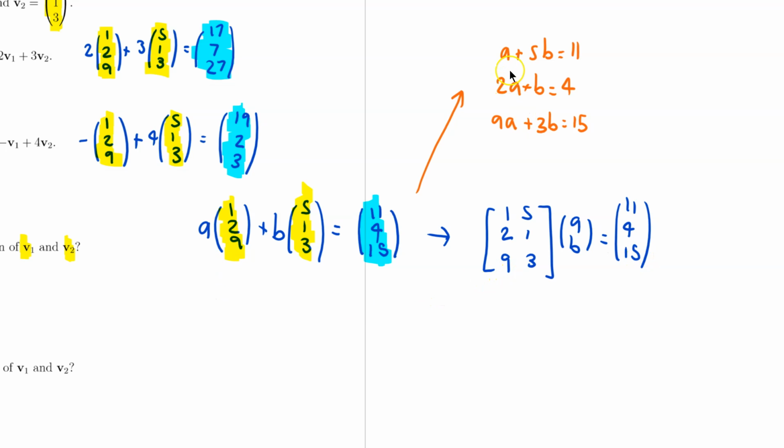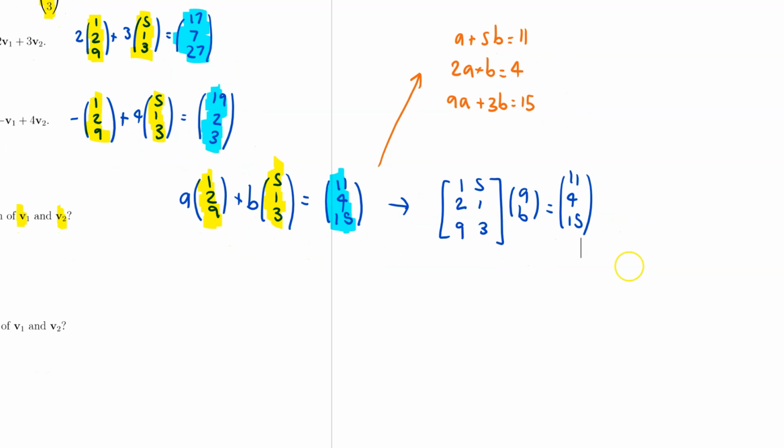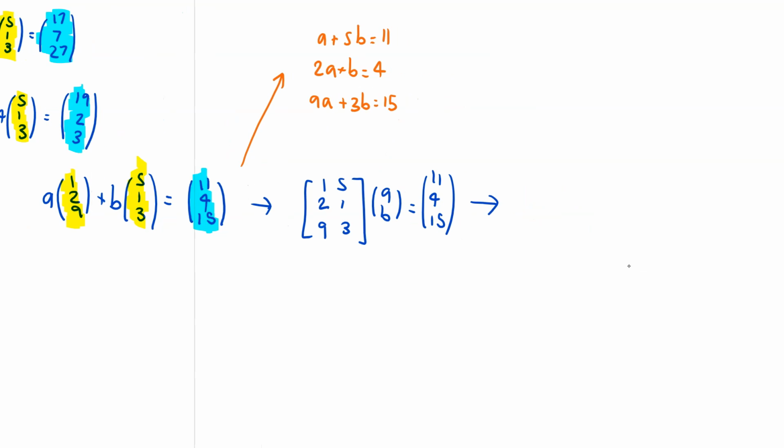Notice how this is actually the same as if I pull out the numbers from the system of equations. So let me solve this equation using the matrix method. Then I can turn this into an augmented matrix. In augmented matrix form, I'm going to augment the right hand side to my matrix here.